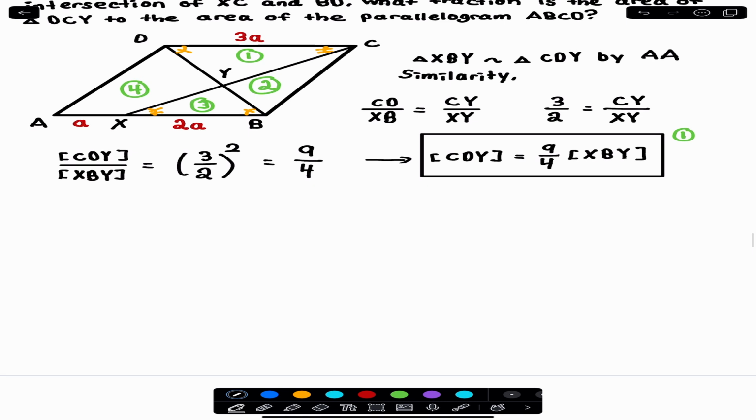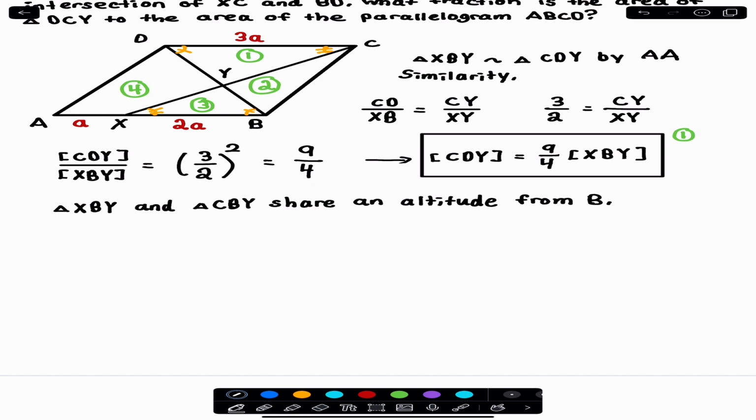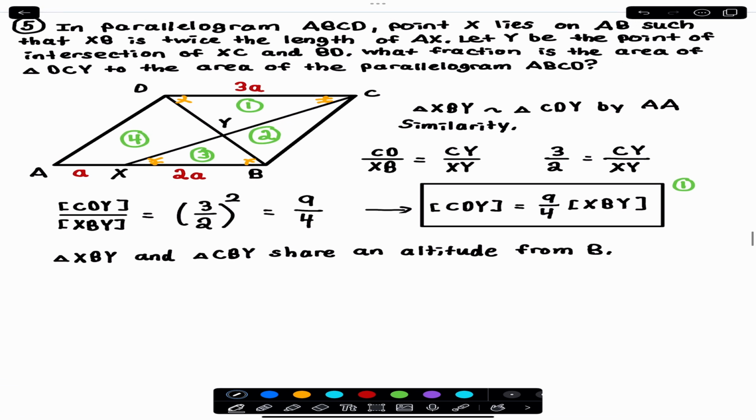And now, notice triangles XBY and CBY. I hope you see it. They both share an altitude from point B. At this point, I'd say you should be pretty used to the visualization of the triangles, the altitudes, and the orientation, right?